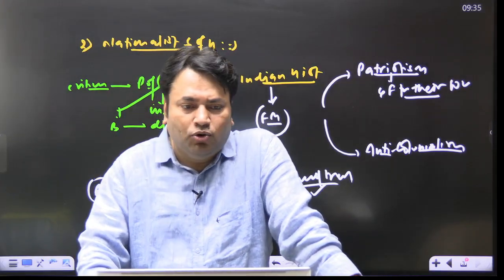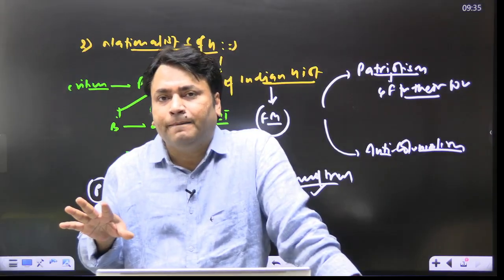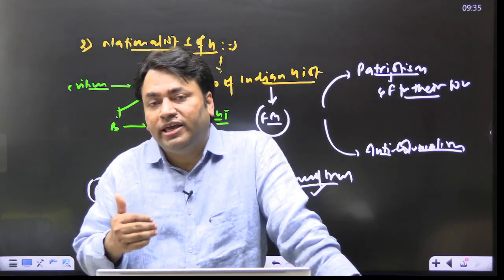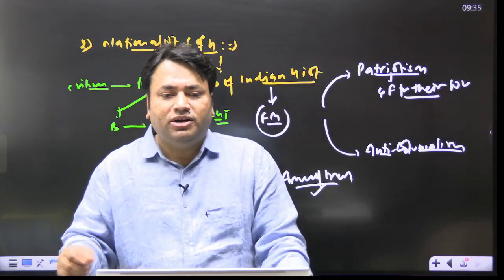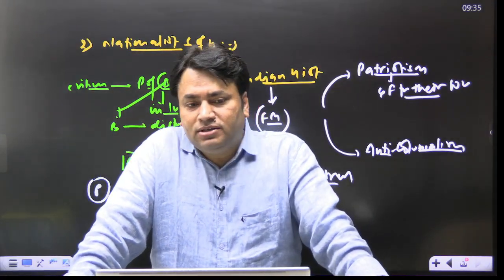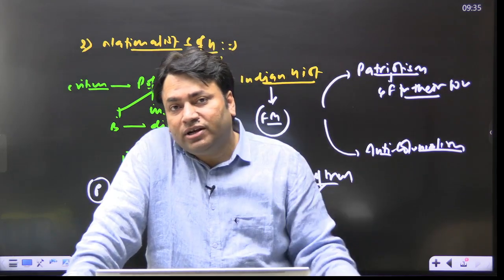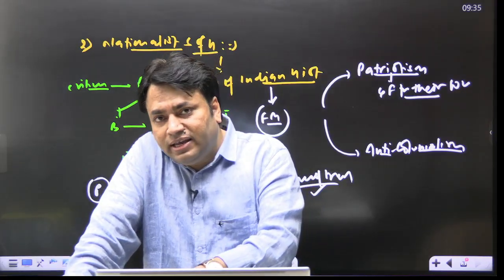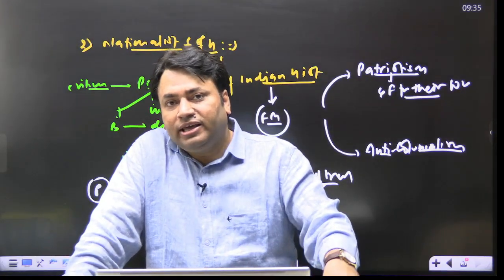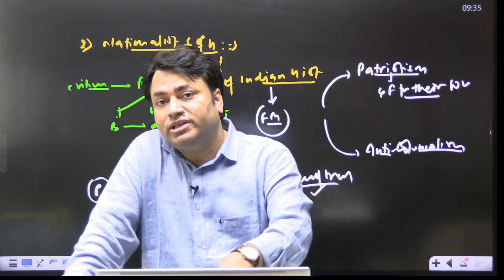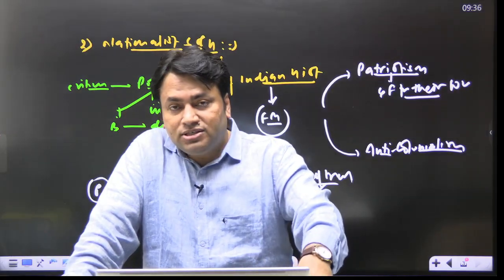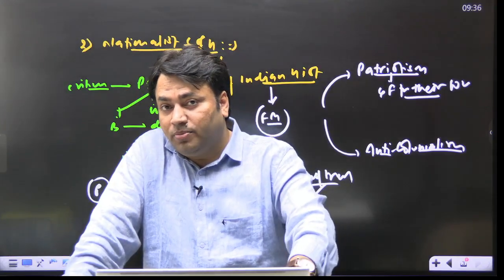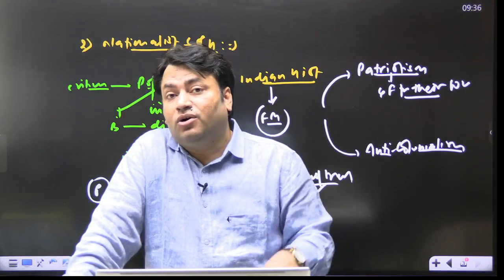Okay, so I hope that you have got it. The famous historian K.M. Panikkar also gives a statement: the Portuguese were the first to introduce armed trade in Asia. It means K.M. Panikkar wants to say that the Portuguese were not on a civilizing mission.